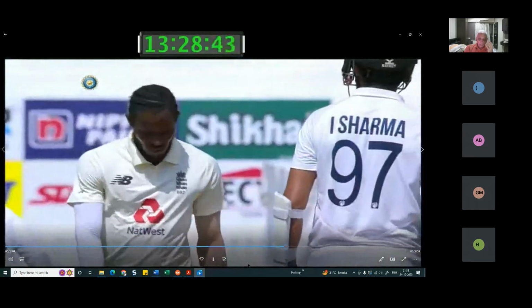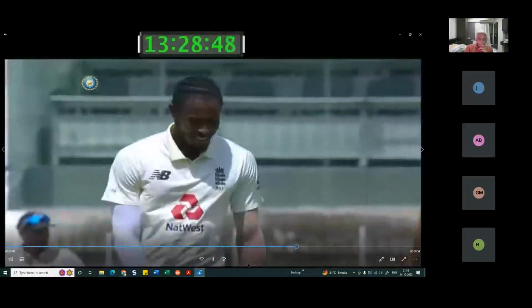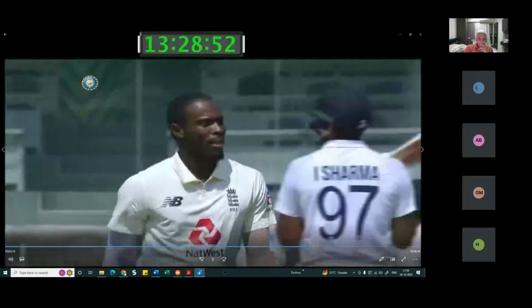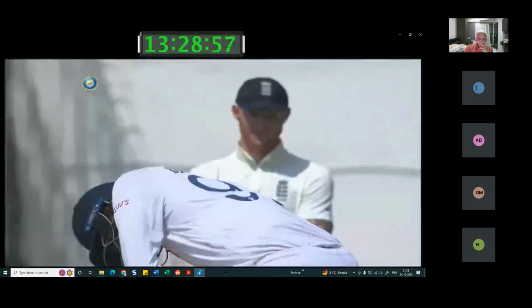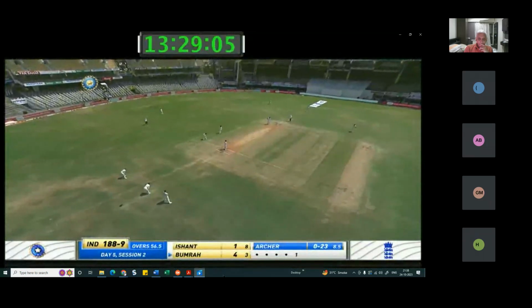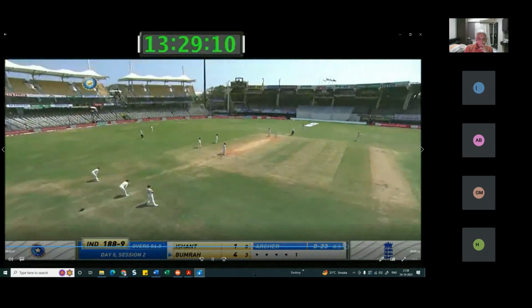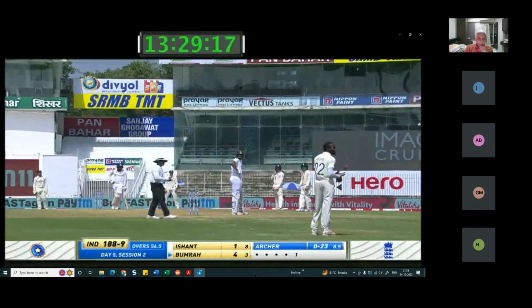Just inform the scorers that we have not signaled dead ball because they were flashing at the light. Okay. Hold on. I will let you know. Hold on, please. Massive confusion about the number of deliveries over.